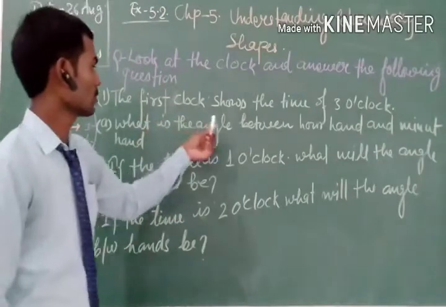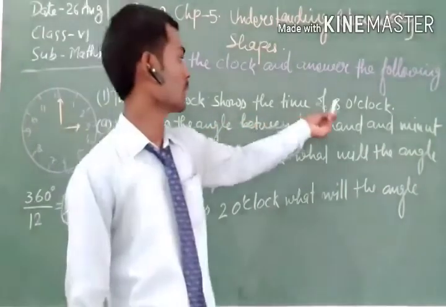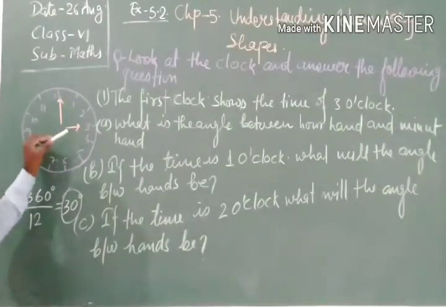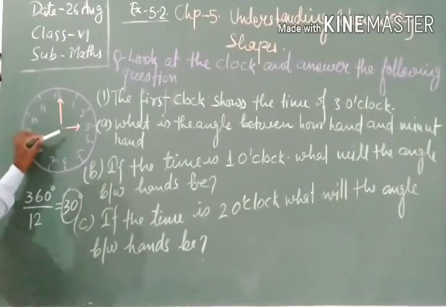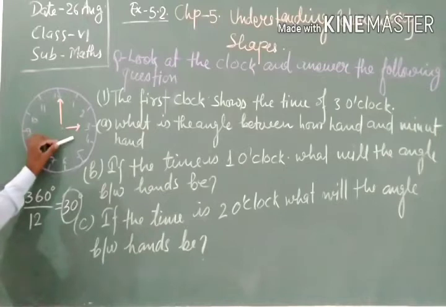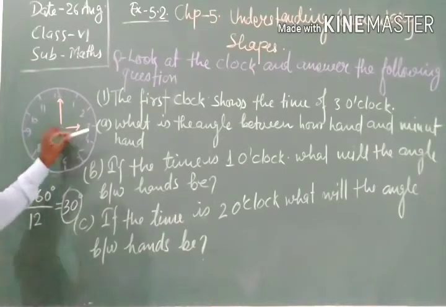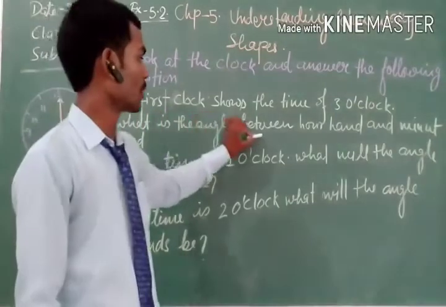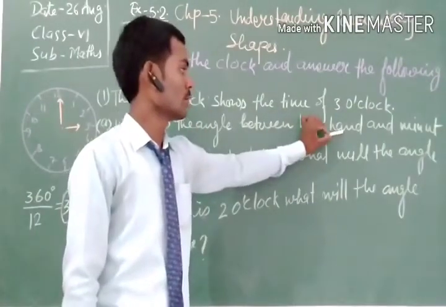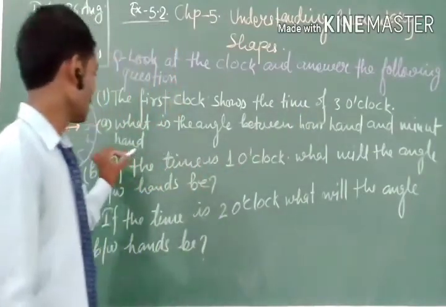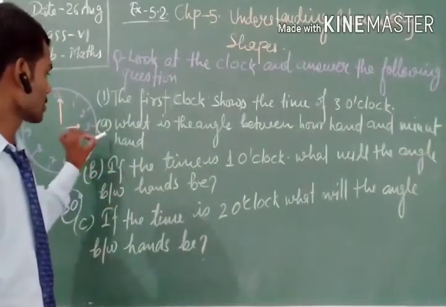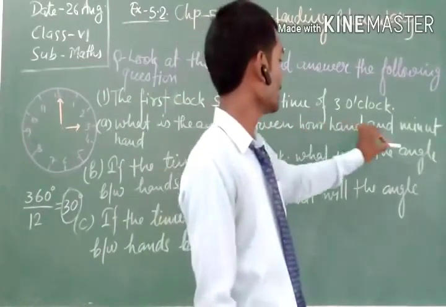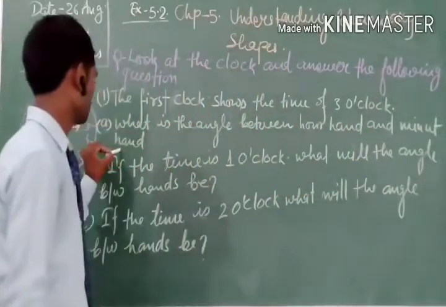The first clock shows the time of 3 o'clock. Then the first question is, what is the angle between the hour hand and the minute hand?